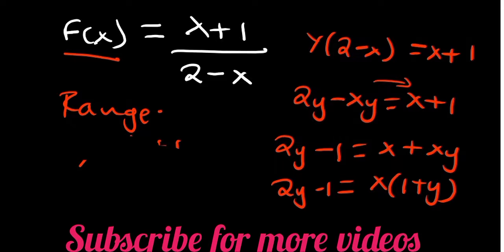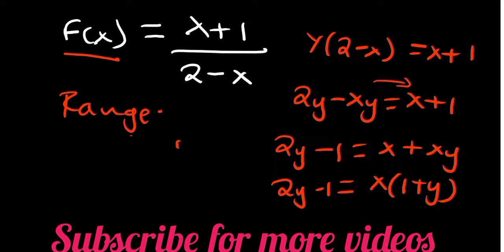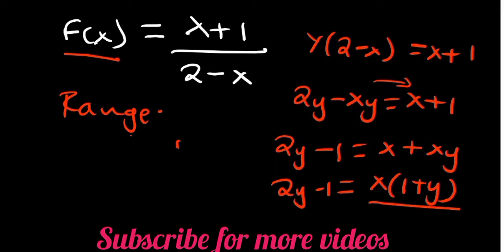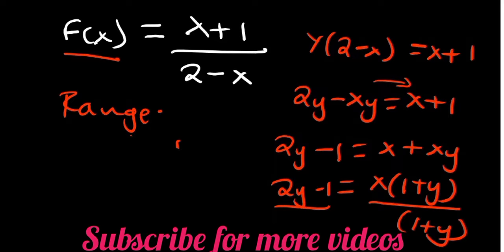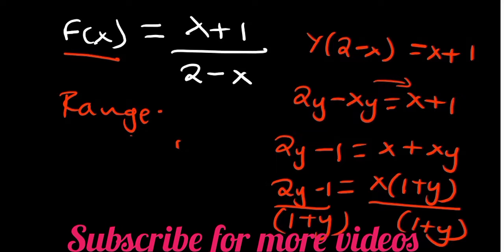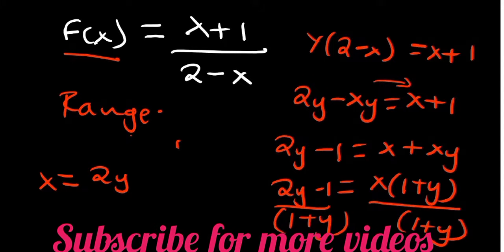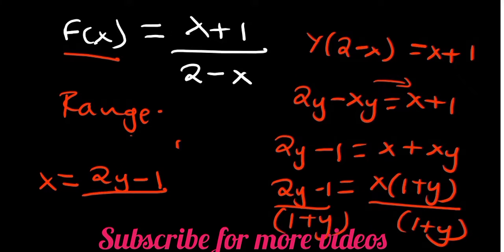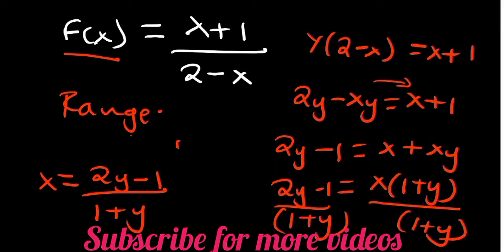If you divide both sides by 1 + y, because our goal is to make x the subject, your x is therefore equivalent to (2y - 1)/(1 + y). So you've come up with an inverse function in terms of y.